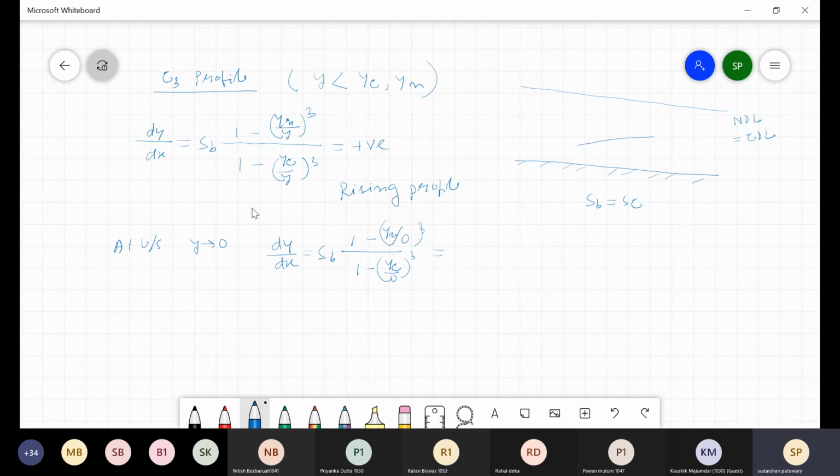Y tends to 0, yn by 0 is infinity, 1 minus infinity, 1 minus infinity.